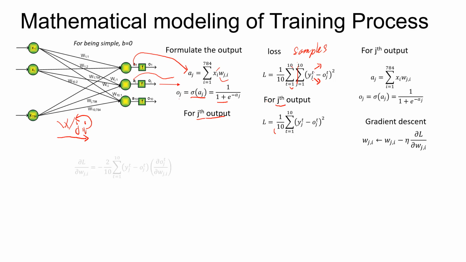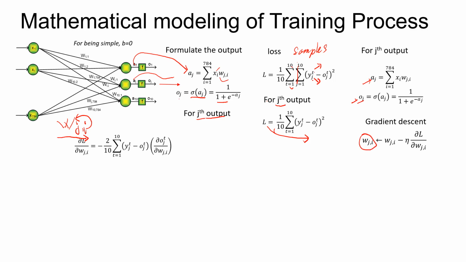Keep in mind that we have already calculated, in the previous step, j and o. We use o to represent the predicted output. And we apply the concept of gradient descent. Gradient descent means we minimize the loss function by updating or changing the synaptic weights, or parameters.